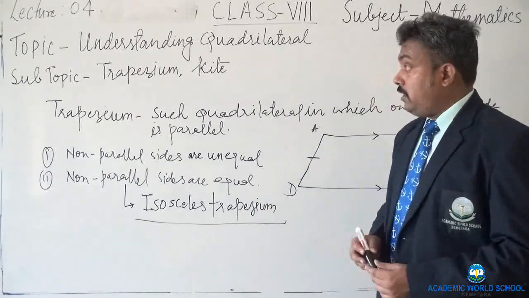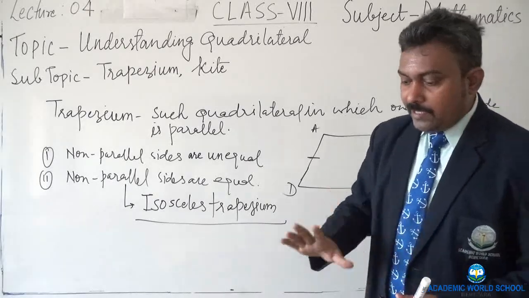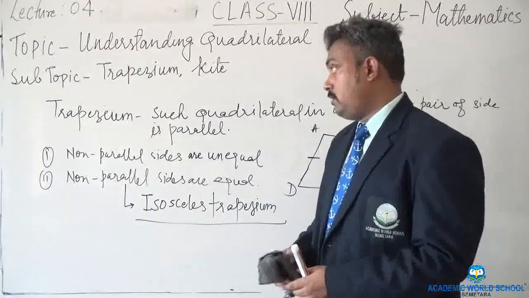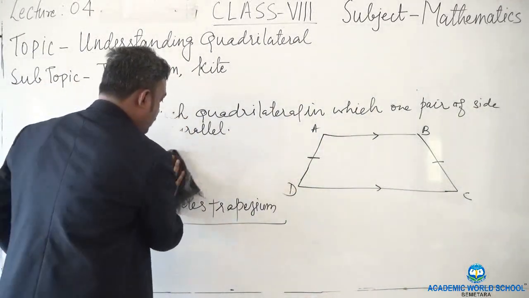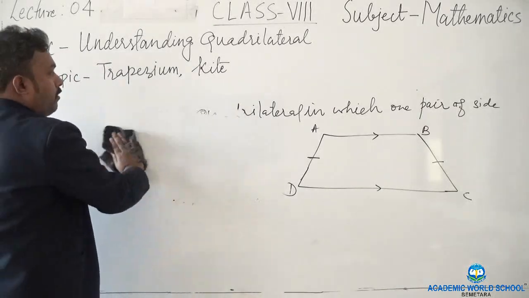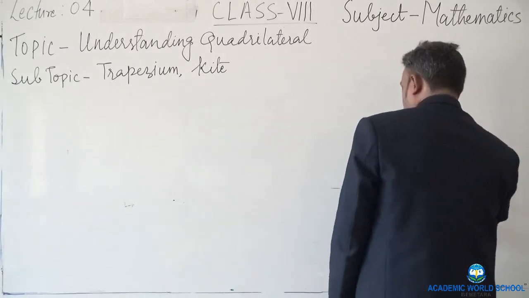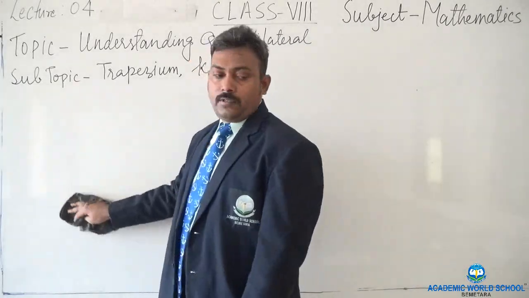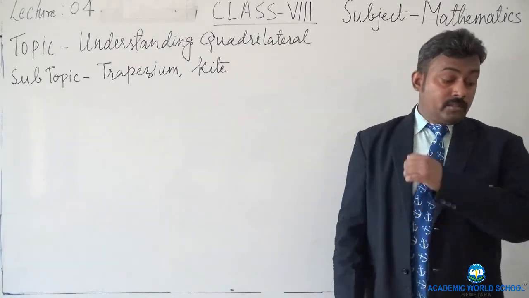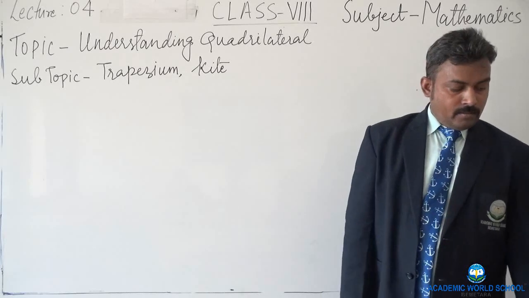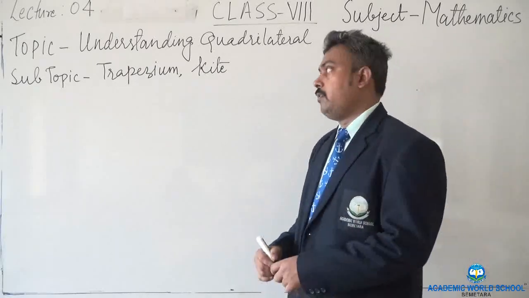So let's move to the next quadrilateral, that is the kite. Kite is another case of quadrilateral. Now what happens in the kite? You must have seen a kite. In a kite, two pairs of consecutive sides are equal.